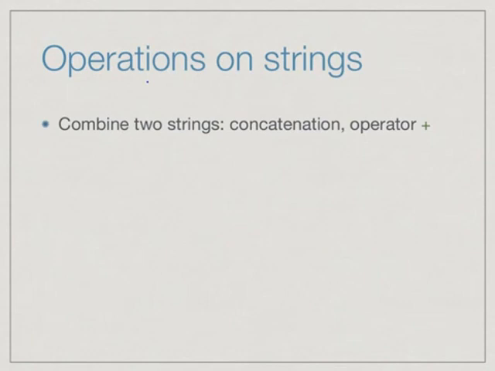One of the most basic things one can do with strings is to put them together, to combine two values into a larger string. This is called concatenation, putting them one after the other. And the operator that is used for this is plus. So plus we saw for numeric values adds them. For strings, the same symbol plus doesn't add strings, obviously; it juxtaposes them, it puts them one after the other.